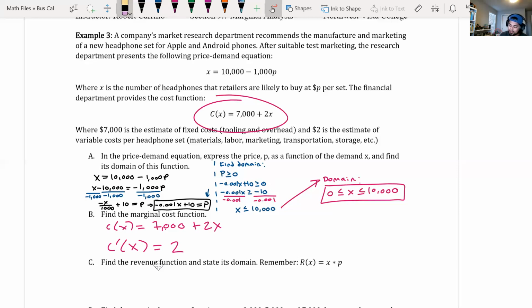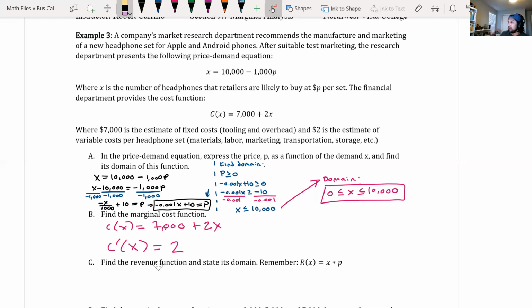So it doesn't say to interpret what this means, but it'd be nice to actually know what it means other than just having a number there. So again, we took the derivative of the cost function. We now have the marginal cost function, and we have a positive number of 2. So this means that every time we create a headset, the cost is increasing by how much money? $2, right?